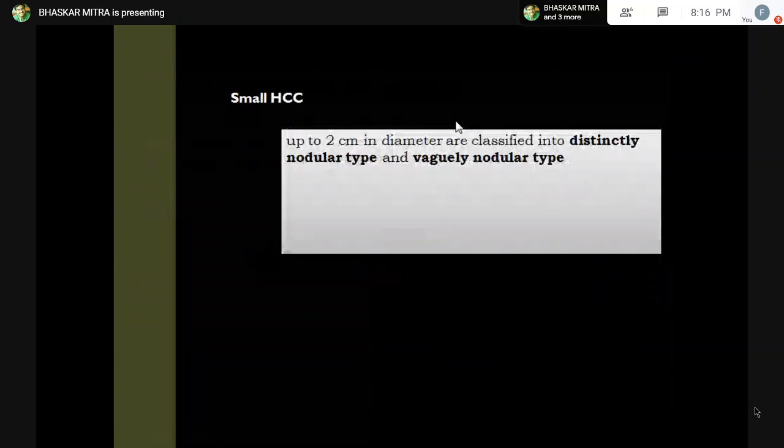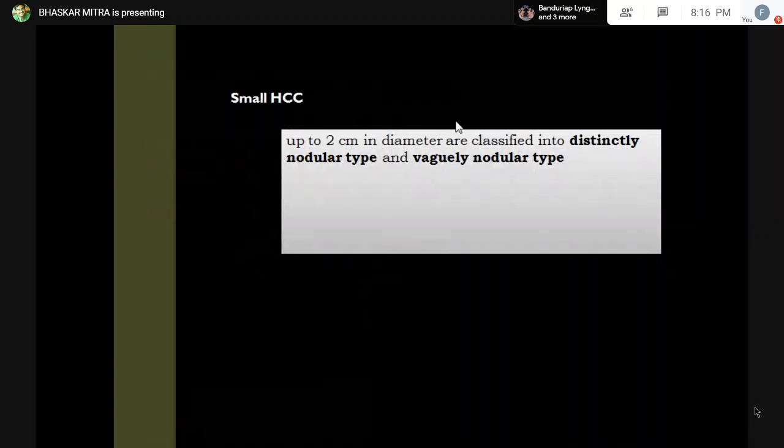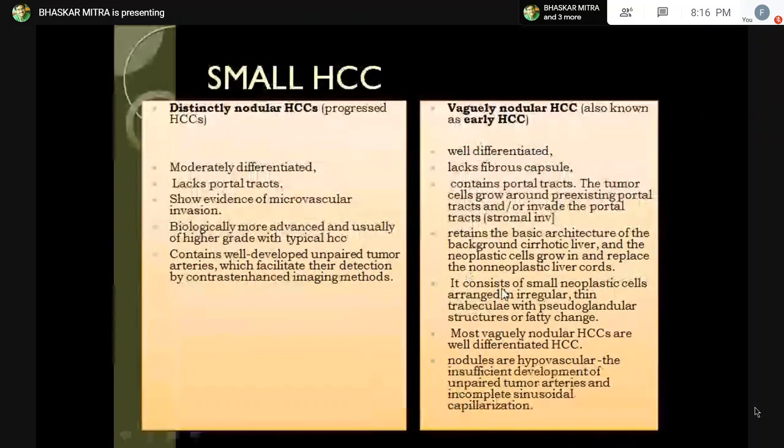Now, sometimes small hepatocellular carcinomas up to 2 cm diameter can be seen as small nodules that may be confused with this benign lesion. They may be distinct nodular type or vaguely nodular type. Now, the distinct nodular type, as the name suggests, has another name, progressed hepatocellular carcinoma.